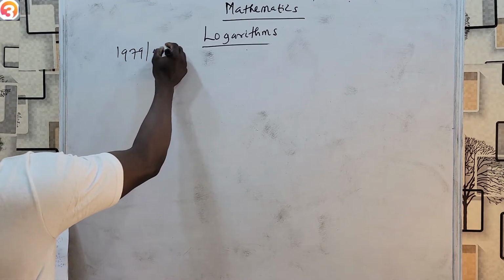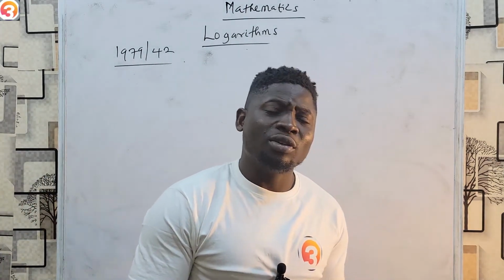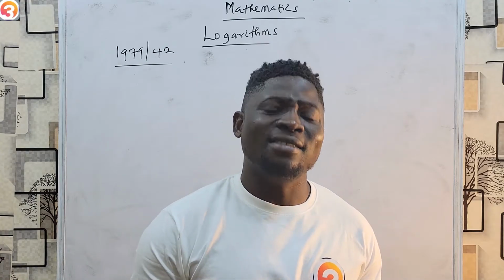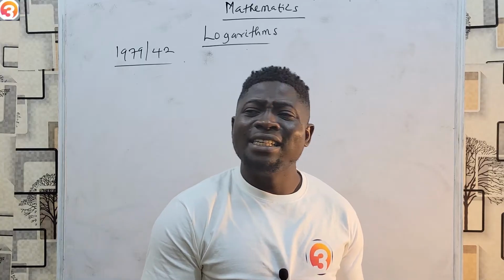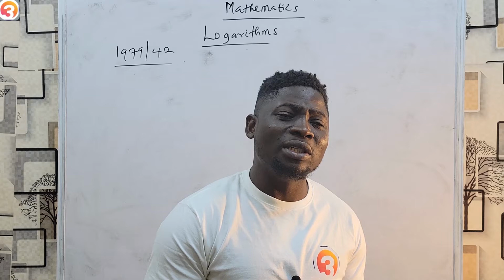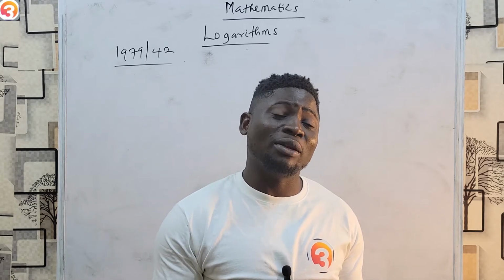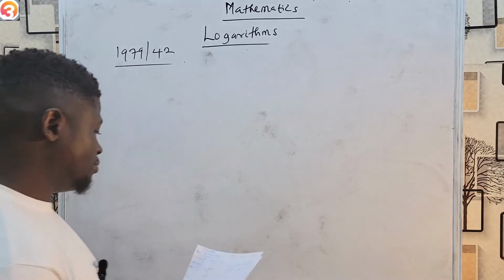The purpose of us solving past questions from JAMB is so that you know that JAMB is very, very easy. If you can answer this question, there's no angle they will tweak the question that you will not understand. It's that easy. So let's go, using 1979 question number 2.